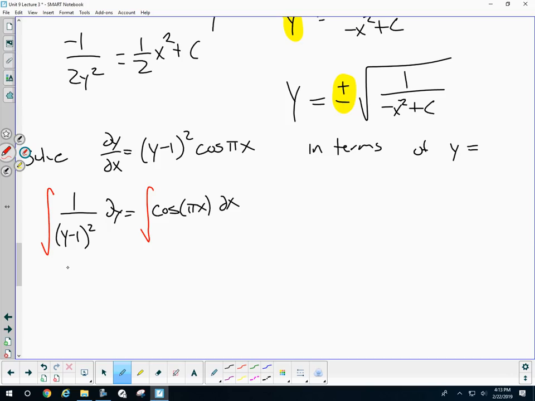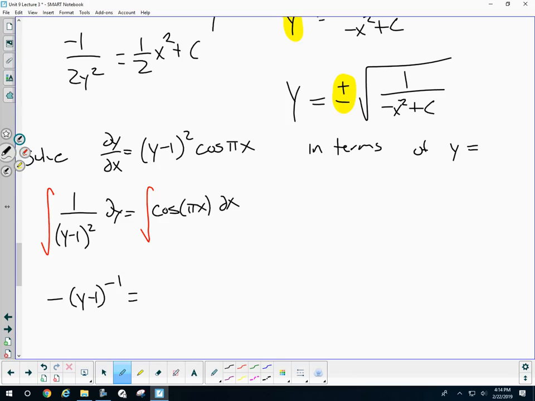I just have to almost take the antiderivative of stuff to the negative second. It ends up being the stuff to the negative first times negative 1. Leave the stuff. Undoing the chain rule. You could use substitution to get the same thing. I think it would just take longer than it would need to if you use substitution.